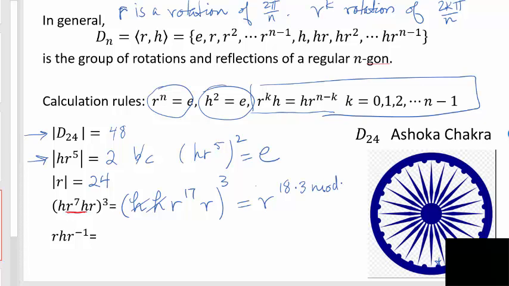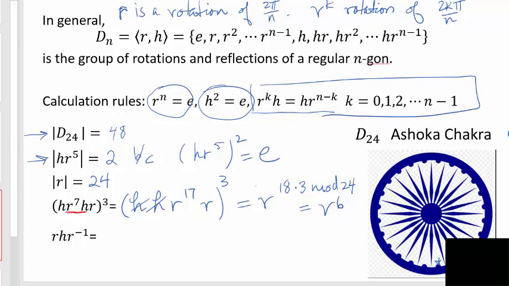You don't have to, but we're going to multiply 3 times 18, but our exponent will be mod 24. So 3 times 18 is 54, and mod 24, well, I'd subtract 48 from that, so I get R to the 6th. And my answer is R to the 6th.